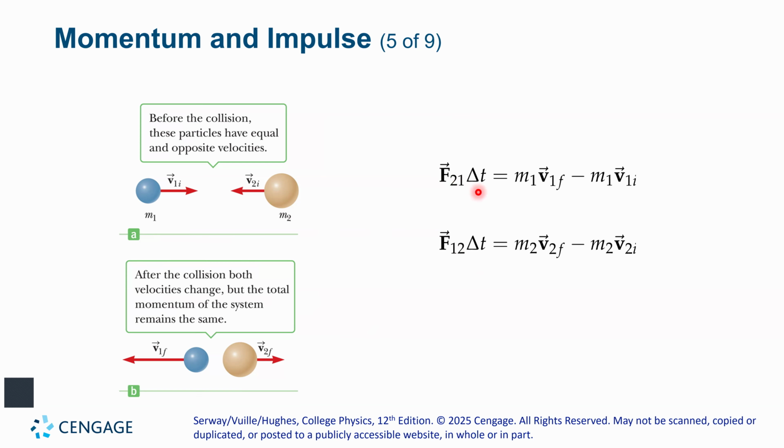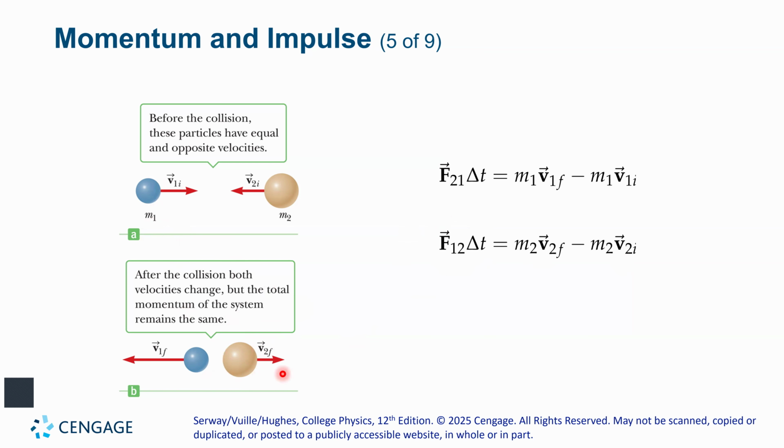However, if the interaction lasts for a time interval delta t, the change of momentum for the first object will be equal to the impulse of the force that the second object applies on the first. And the same is for the second object. The change of momentum of the second object equals the impulse of the force that's acting on it, which is the force from 1 to 2.